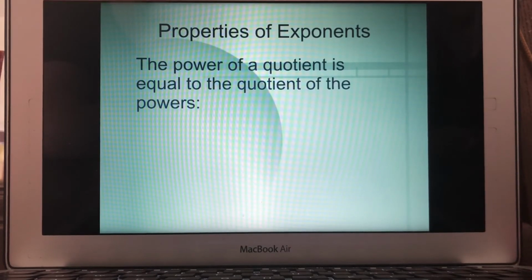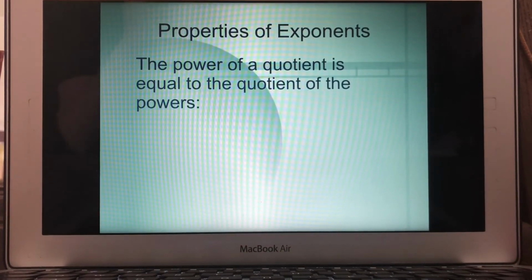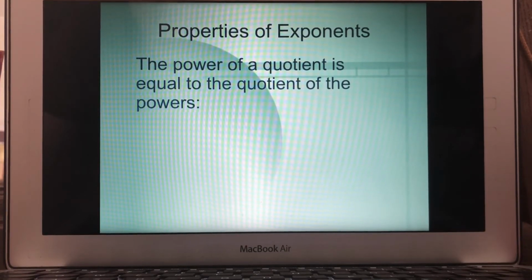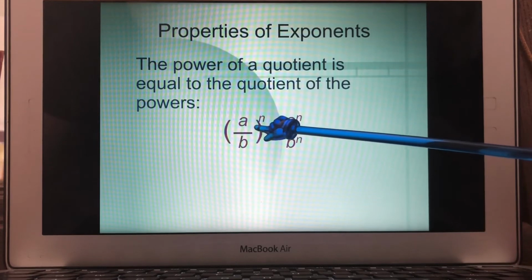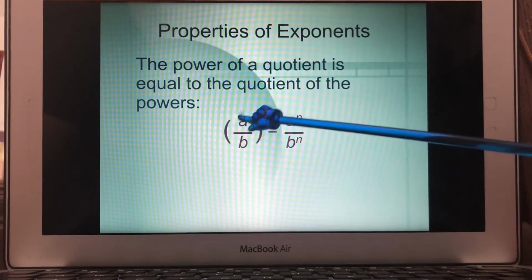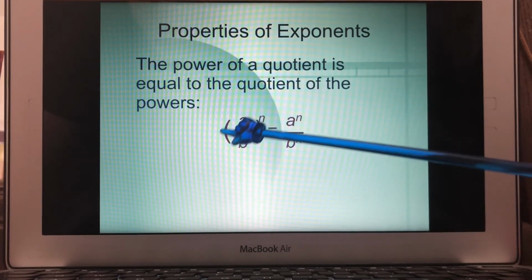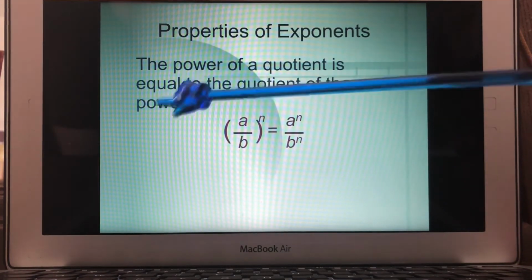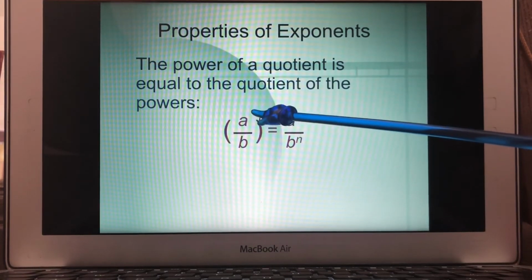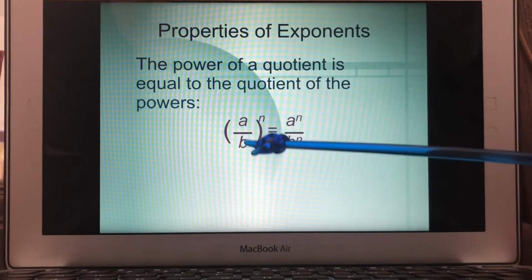Okay, the power of a quotient is equal to the quotient of the powers. Remember, quotient means to divide or separate, right? So if I have a fraction, and this whole fraction is raised to a certain power, I have to take the quotient of the powers.